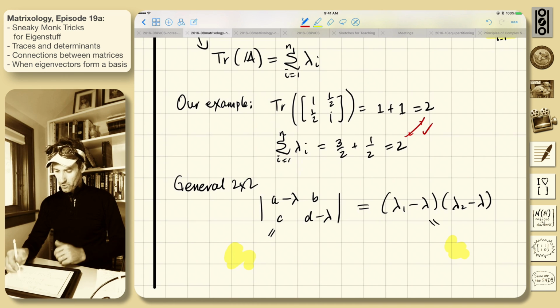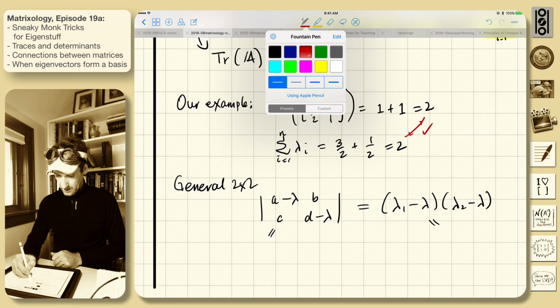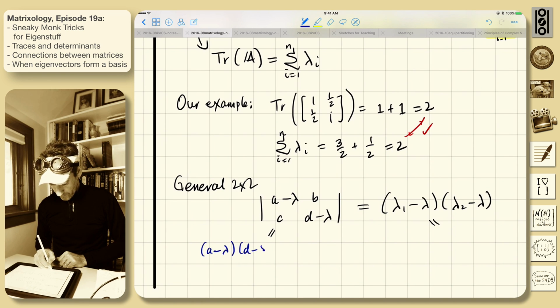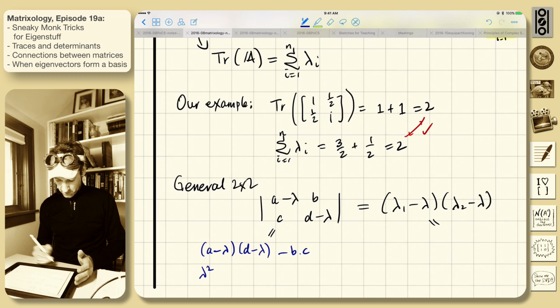So here's a general 2 by 2, so we could expand this, and this actually gives us a couple of things. So the determinant, we have this formula. This is a general 2 by 2, minus b times c. So let's expand this out. We get a lambda squared, there'll be minus a plus d times lambda.